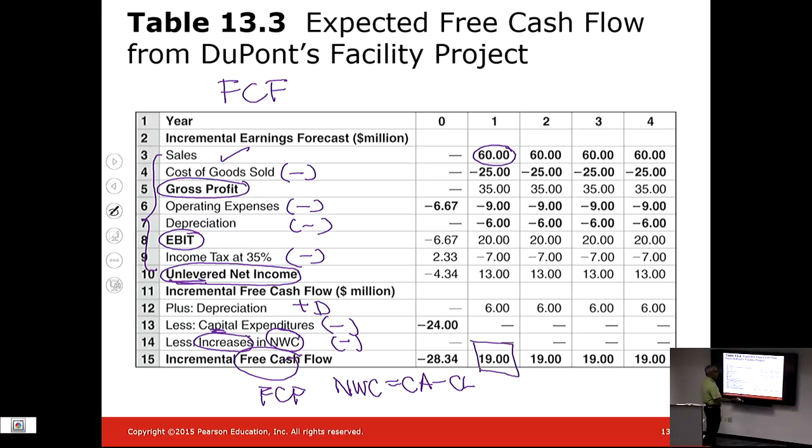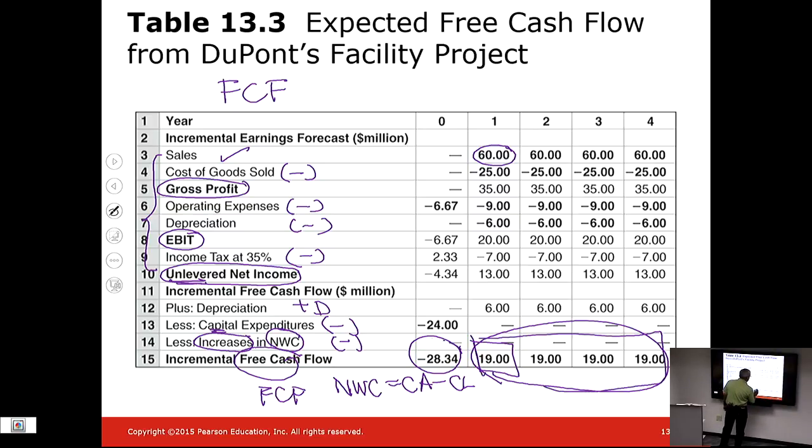Once I have the free cash flow, then I just plug it back into my model. If I have them over an extended period of time, I just extend it out and then I plug it in. So essentially, here is my investment in year 0. These are my future cash flows. So the present value of these cash flows minus the initial investment will give me my net present value.